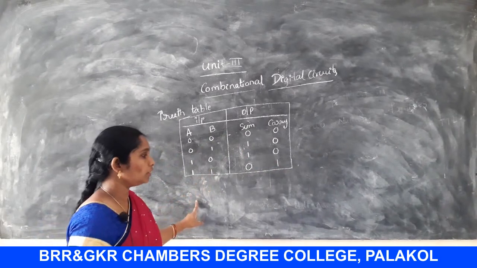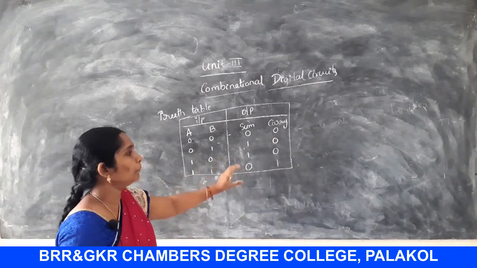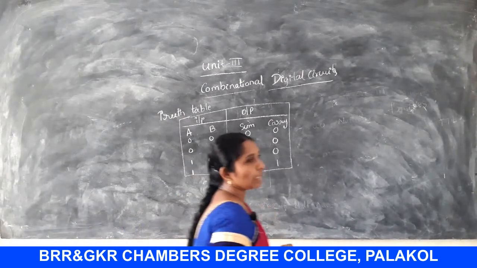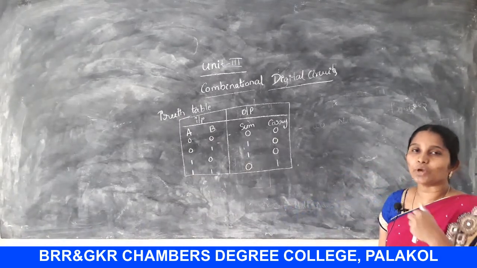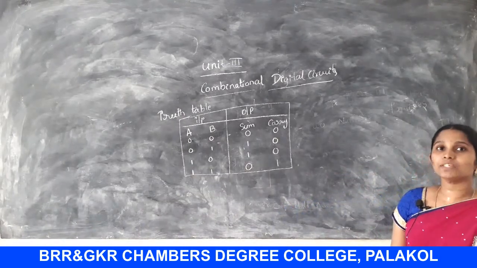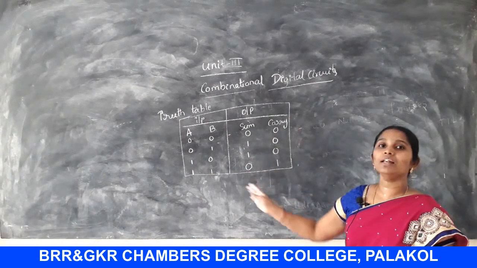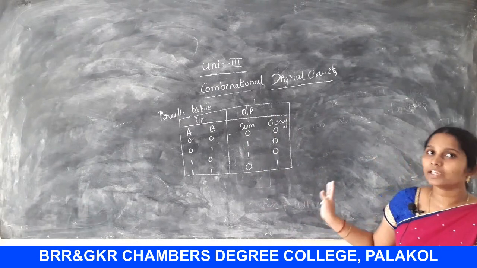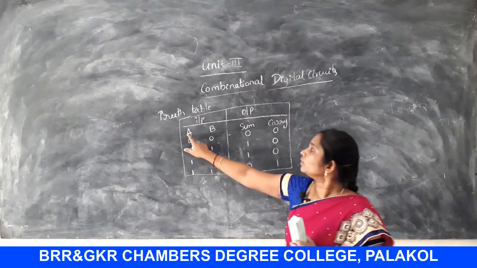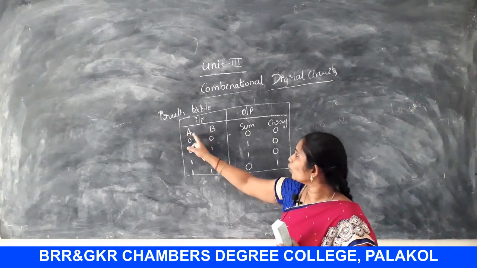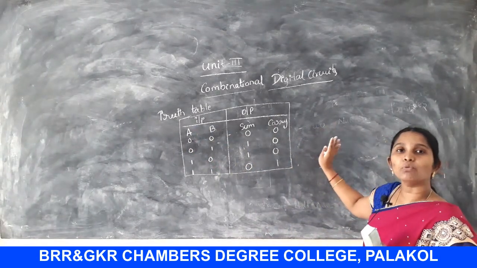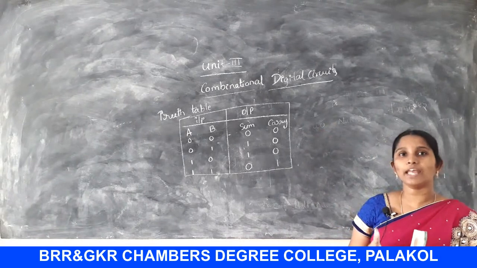By using this truth table we have to implement the half adder circuit. In the last second unit you have discussed K maps. So by using the truth table you have to implement the logic circuit by using K map. Now here we use only 2 inputs, so we will take only a 2 variable K map.